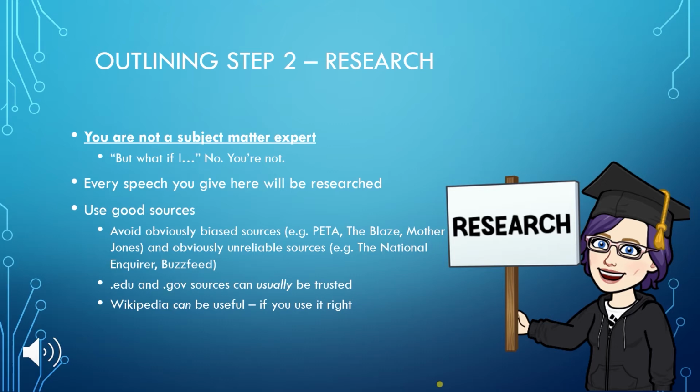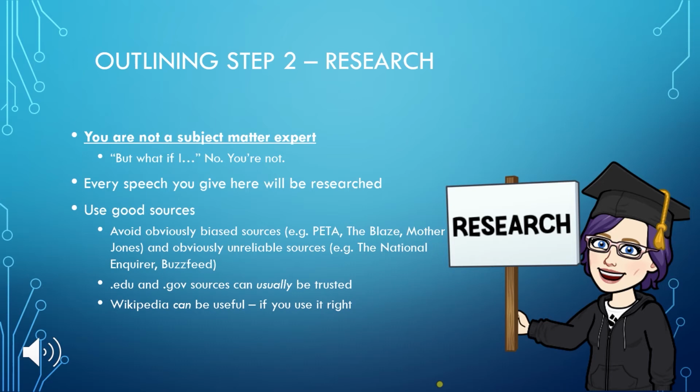Every speech that you give that is not a report on something that happened directly to you, so pretty much every speech in this course, needs to be a researched speech. This goes to your credibility, which we'll talk about more when we explain how to do introductions. The basic idea is that you have no direct credibility yet, so you're going to need to borrow some from sources. This means you're going to need to find good sources.